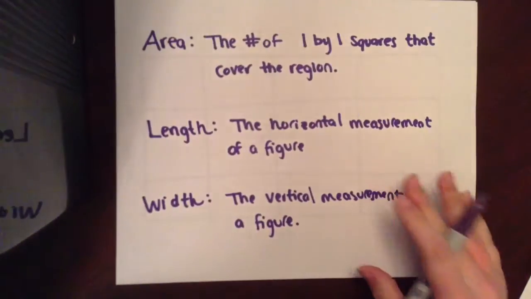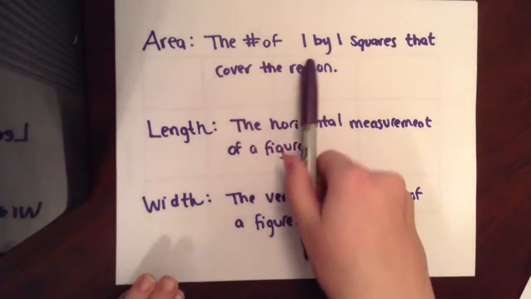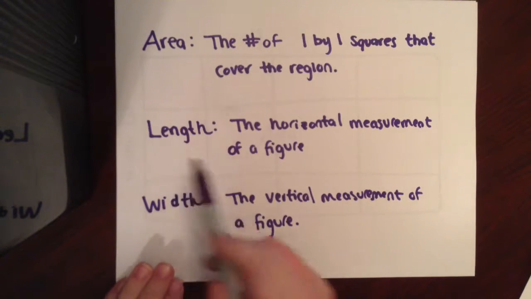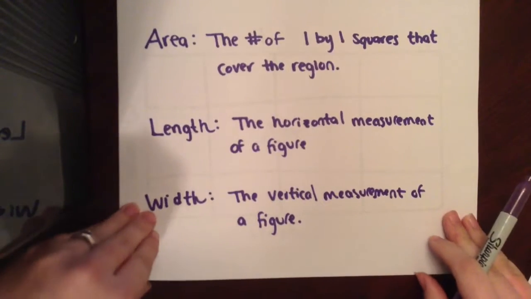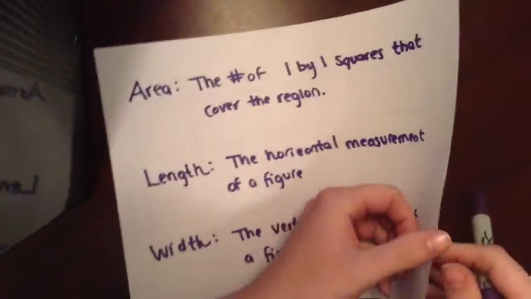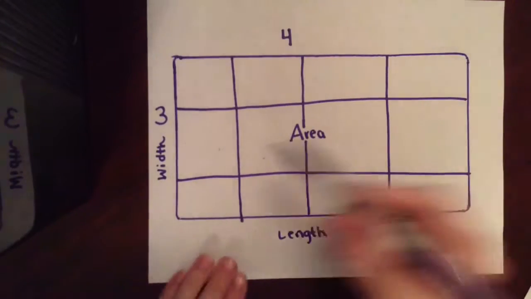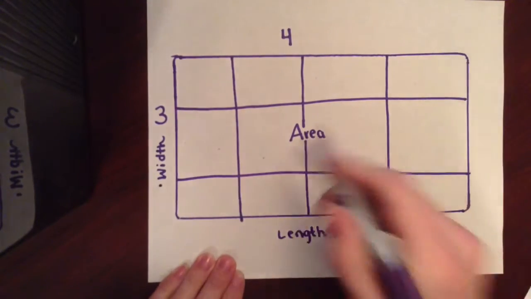The concepts that we're going to review start with area. Area is the number of 1x1 squares that cover a region. We also have length, which is the horizontal measurement of a figure, as well as width, which is the vertical measurement of a figure. So on this figure below, we have width right here, as well as length right here.